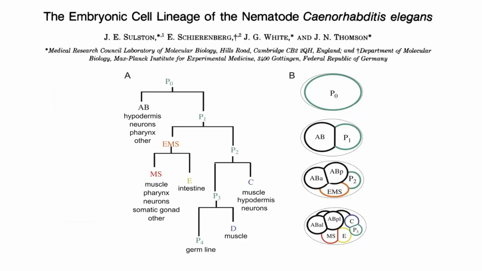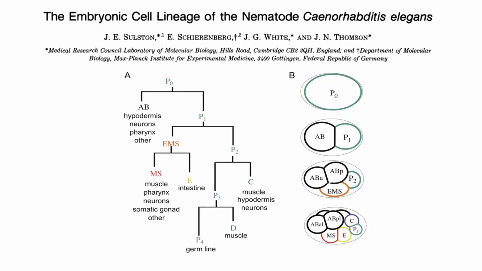Now they started from the zygote right at the beginning. So the P0, this is the zygote, right? So at the 2-celled embryo, you get what they call the AB cell and the P1 cell. And AB goes on to develop into those things.